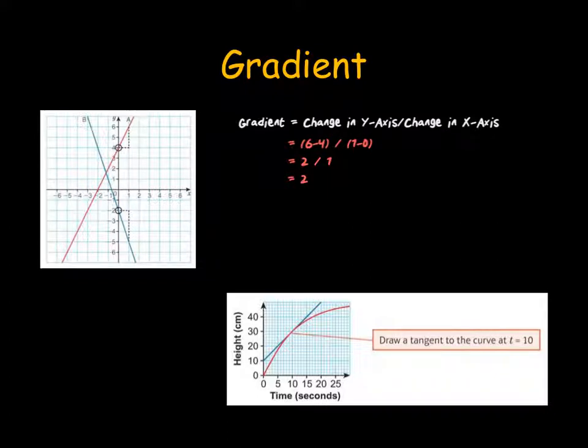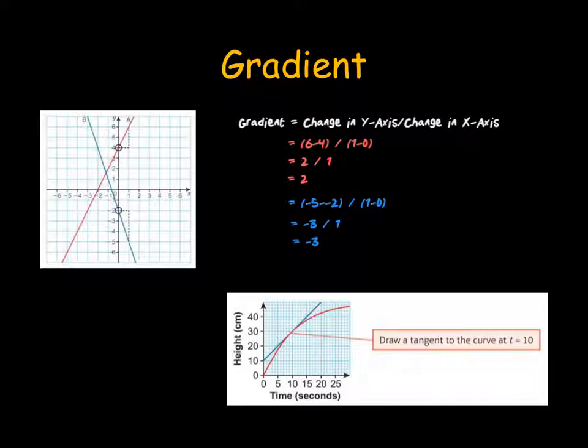However, if we look at it, the change in the y-axis is -5 minus -2, which gives us -3, and our change in the x-axis, once again, is 1 minus 0, which is 1. This gives us a gradient of -3 divided by 1, so our gradient is -3.